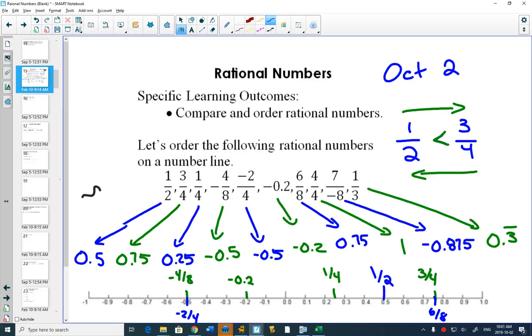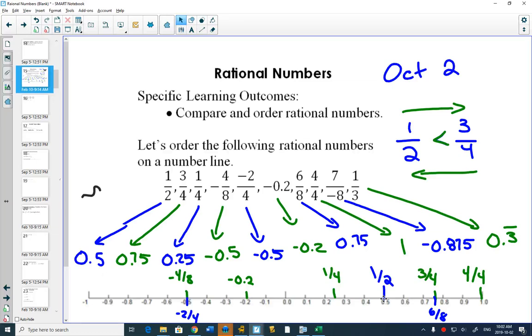4 out of 4. That's equal to 1. Can label that right there. 4 divided by 4 is 1. That makes sense that that would go there. Negative 7/8. Now, negative 0.875, that's more than negative 0.9, less than negative 0.8.